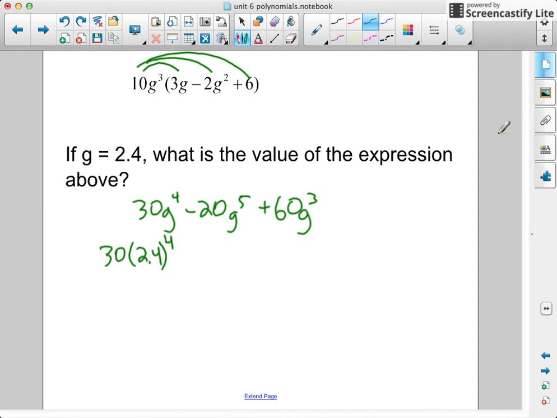So do your exponents first. Don't multiply 30 times 2.4 first. You have to do the exponent first on all of these. Minus 20 times 2.4 to the exponent of 5 plus 60 times 2.4 to the exponent of 3. So that's what you would put in your calculator.